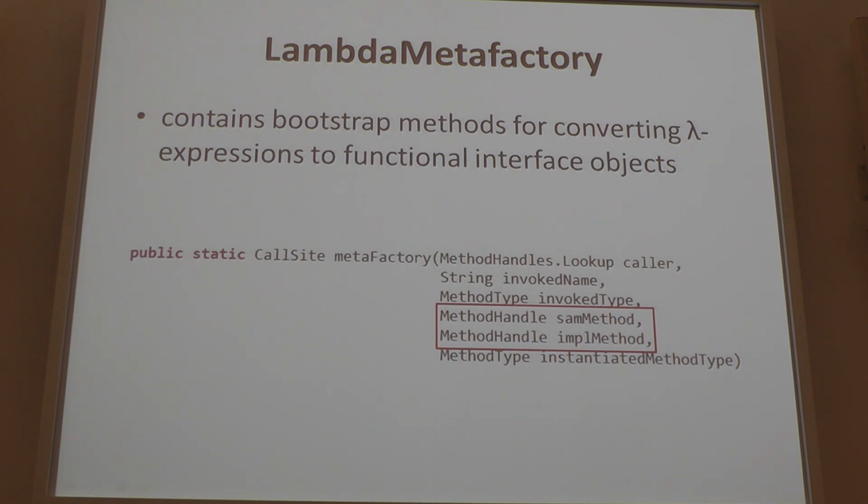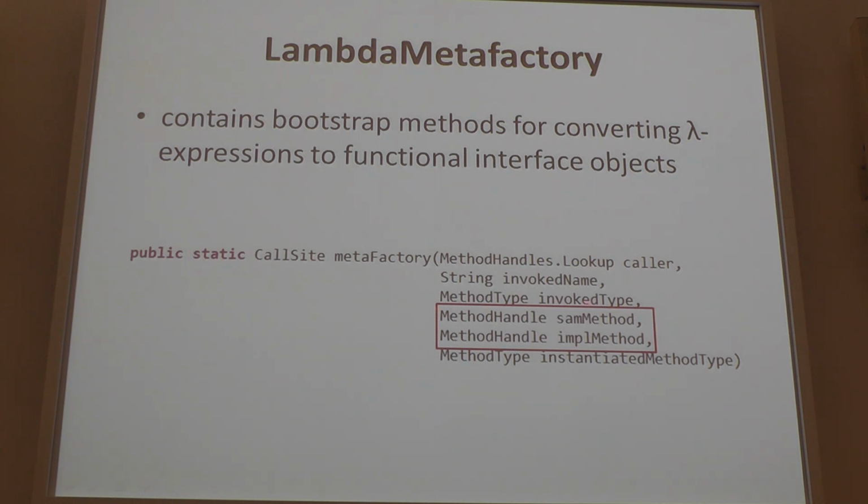So it takes references to two methods. One is called the SAM method, and as I've shown in some previous slides, the functional interfaces are also known as single abstract method interfaces.